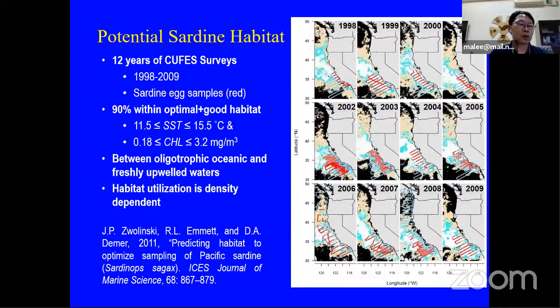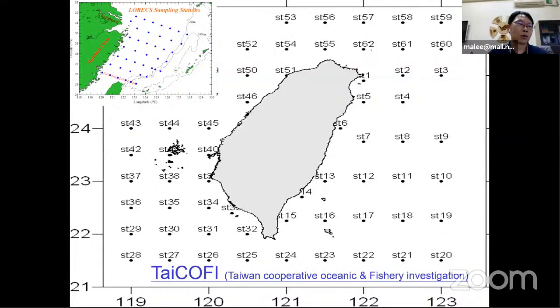This is the application based on the CalCOFI result. And back to the waters around Taiwan, as I said early on in this slide, we have direct long-term observation in the East China Sea, the Taiwan CalCOFI, and that is similar to CalCOFI. This work, Taiwan CalCOFI, has been operated since 2003.